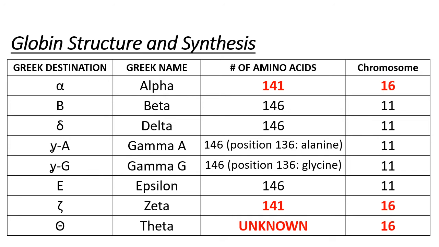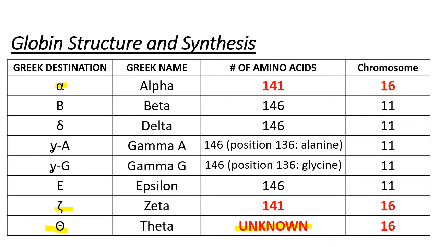Okay, globin structures naman tayo. Iba-iba yan. Alpha, beta, and so on. And kung tatandaan natin ang number of amino acids, lahat 146 except alpha, zeta, and theta. Theta is actually pinag-aaralan pa rin yan. So, unknown pa rin yung number of amino acids sa mga yan.